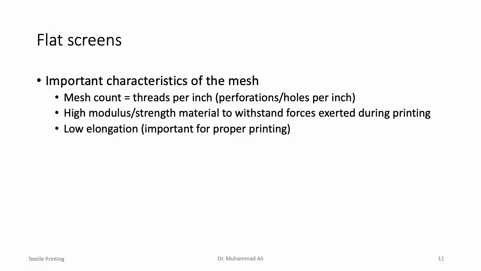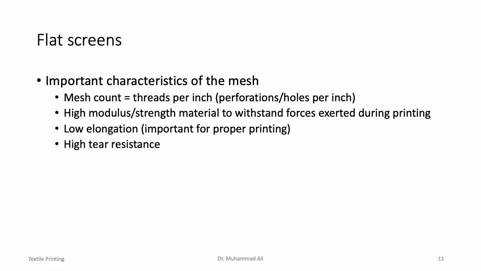We don't want the screen filament or the screen fabric to have high elongation, because if the screen mesh has high elongation, then due to the printing pressure, the mesh will eventually stretch and it will become loose in the frame, and then printing cannot be done properly.